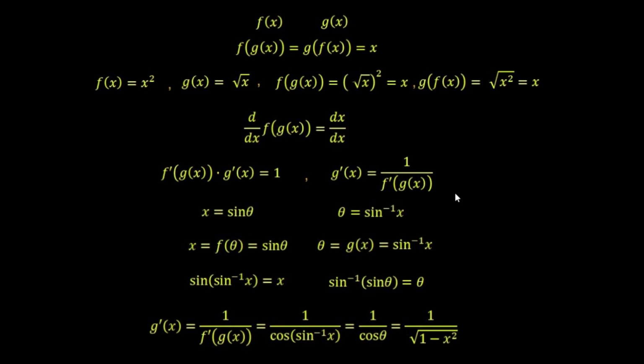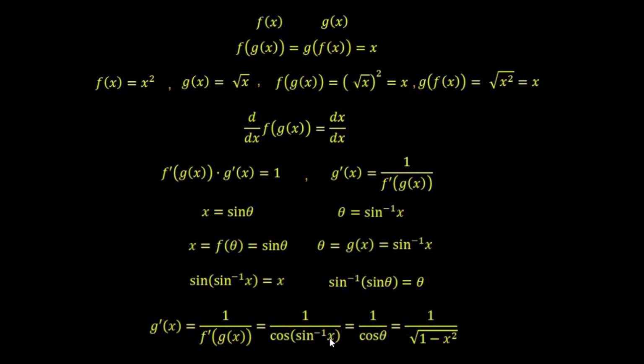And then we can use the equation above here because we know they're inverses, so we can say the g derivative of x is 1 upon f derivative of g of x. So that's 1 upon the f derivative. Well, f is equal to sine, so that will change to cosine. So it's going to be the cosine of g of x. Well, g of x is just inverse sine, so it's the cosine of the inverse sine.